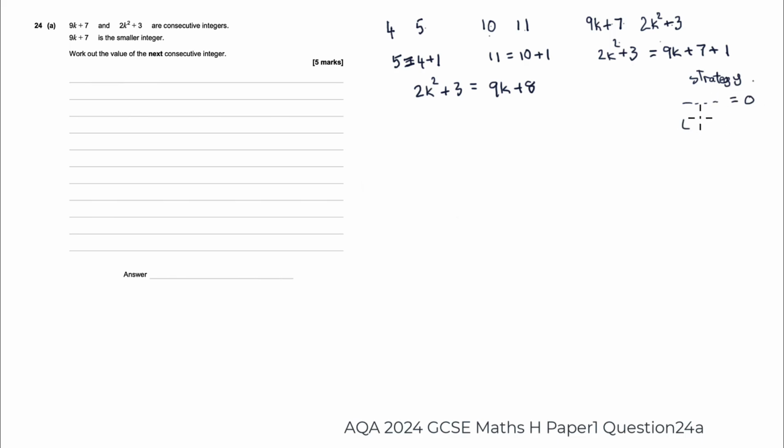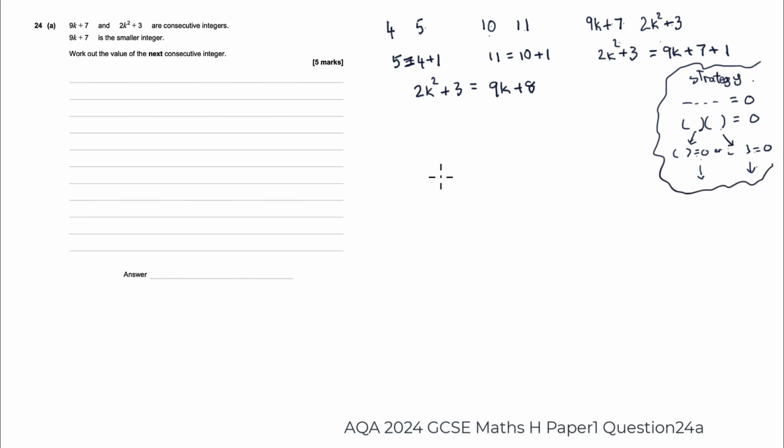We then try and factorize. So we get two numbers multiplied together gives you 0. So this one equals 0, or this one equals 0. And these are simpler equations that we can find the solution to easily. So that's the strategy we're trying to work out.